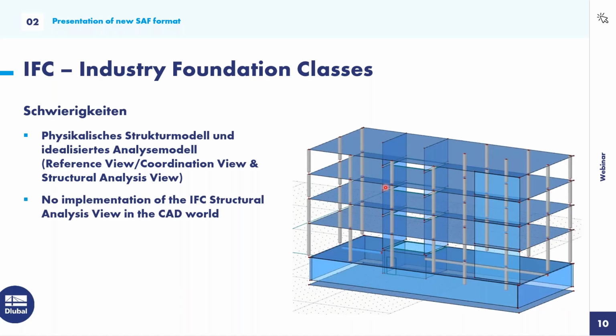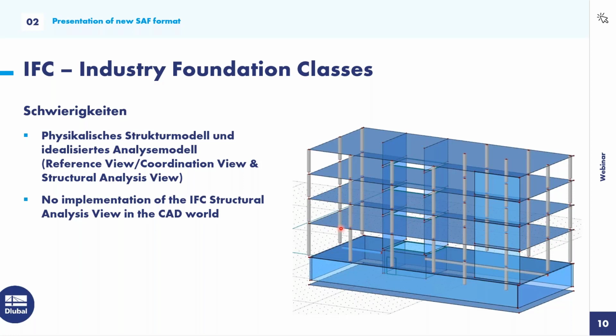So when you transfer, for example, exported IFC data into a structural analysis software, not everybody can implement it as you want to have it. For example, here in this case, it often looks like there are no connections when you import an IFC, because the CAD program wrote this IFC as a physical or a coordination view.